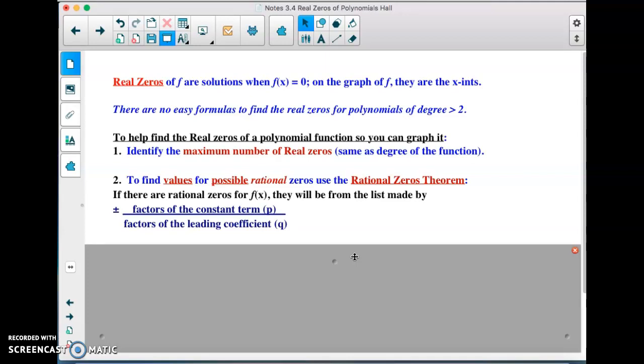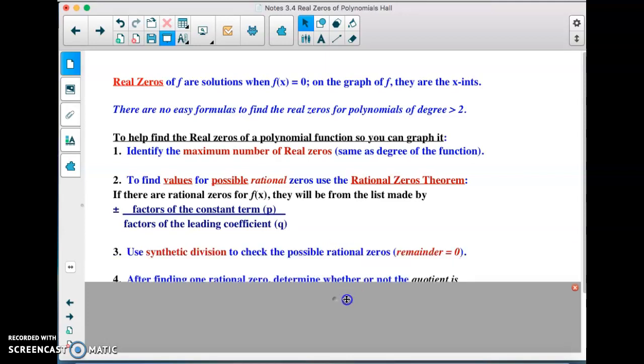Usually it's the number that sits all by itself. This is divided by the factors of the leading coefficient, the number out front of your highest exponent. We call it q. Again, we will do an example of this.